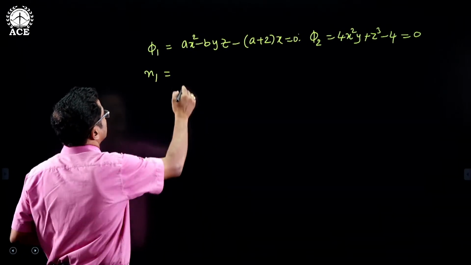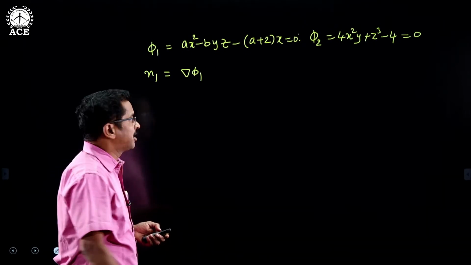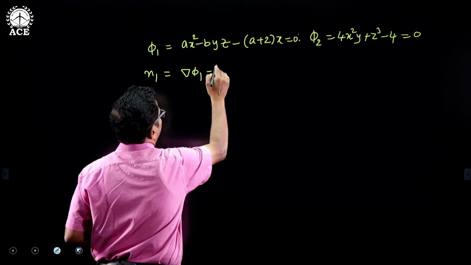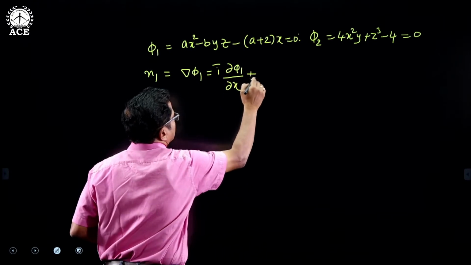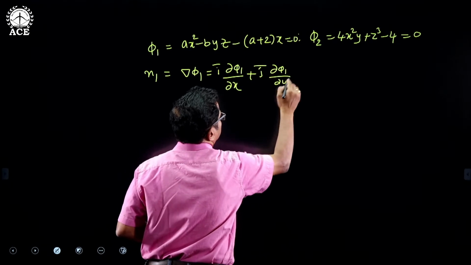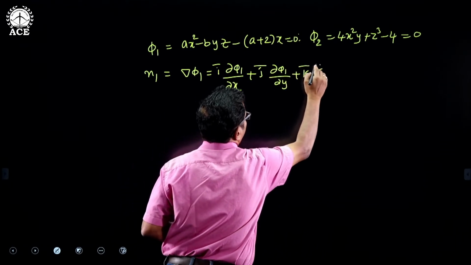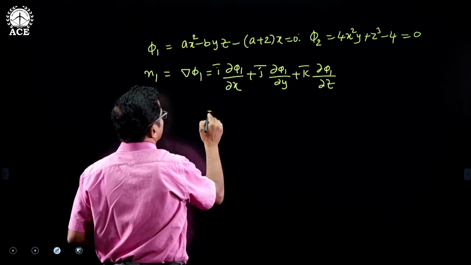n1 means del phi 1. Del phi 1 means i bar dou phi 1 by dou x, j bar dou phi 1 by dou y plus k bar dou phi 1 by dou z. Okay.